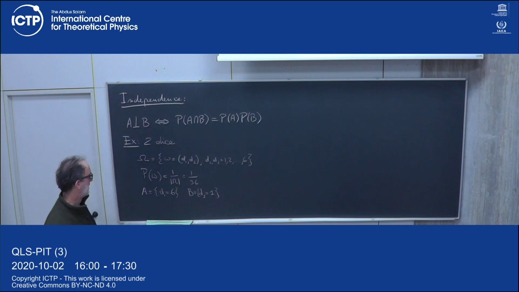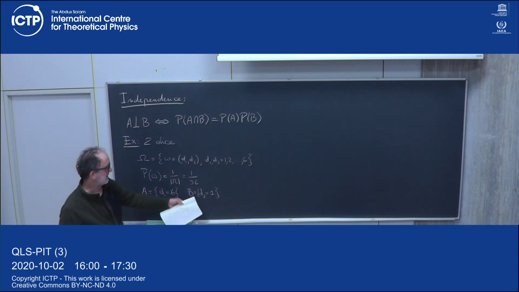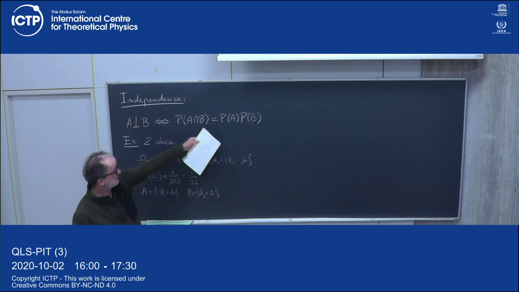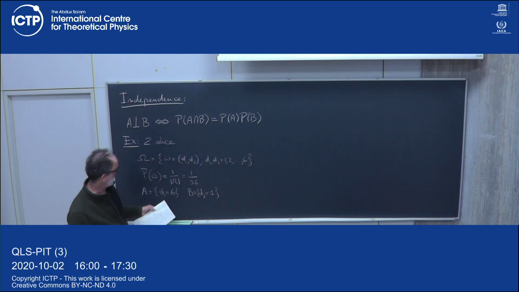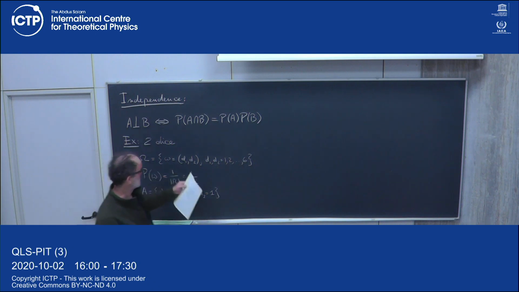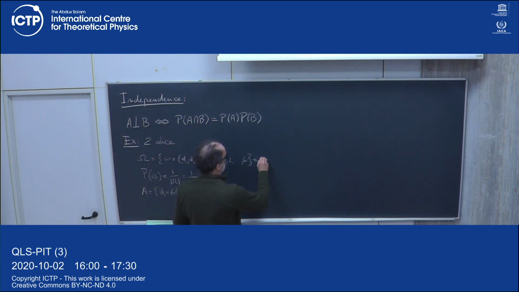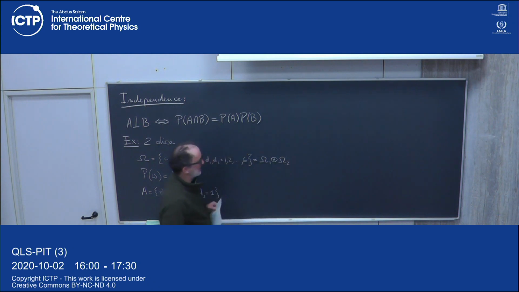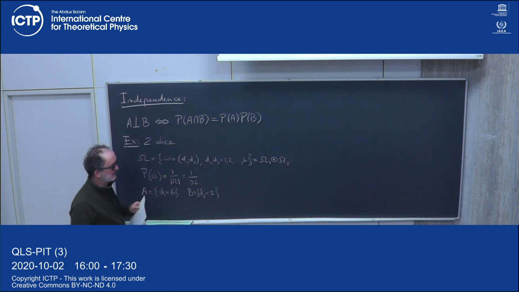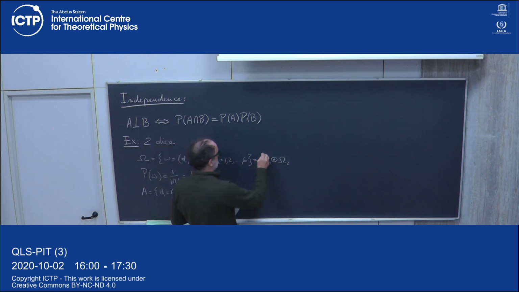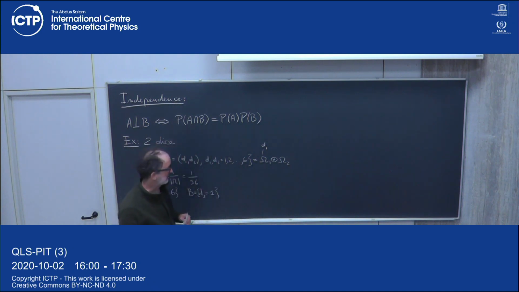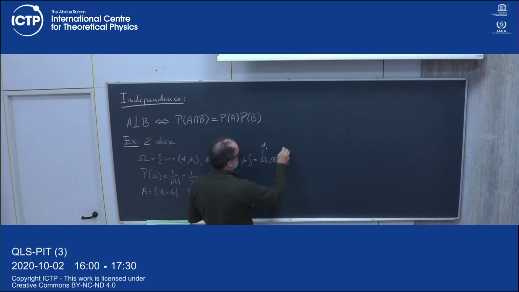Now it is clear that these two events are independent, because essentially this sample space can be represented as a direct product of the two subspaces. So one concerns the first dice, and the second concerns the second.